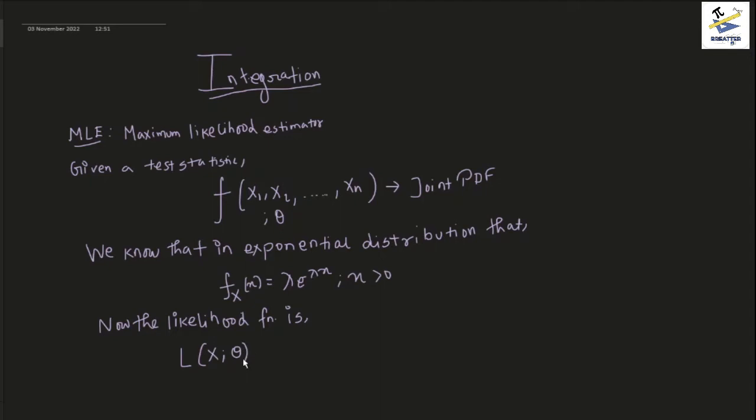The likelihood function is written as L of x given theta, where theta is the parameter. And obviously this is basically the product of all the PDFs we have out there. So we can define it as follows. So this product definition gives you the joint PDF.